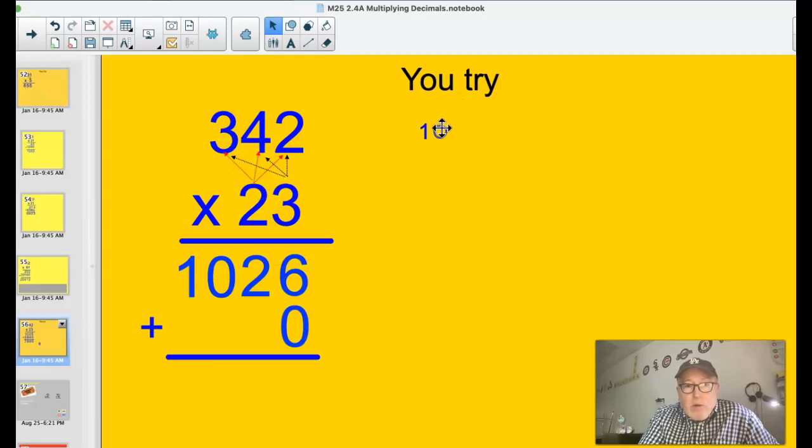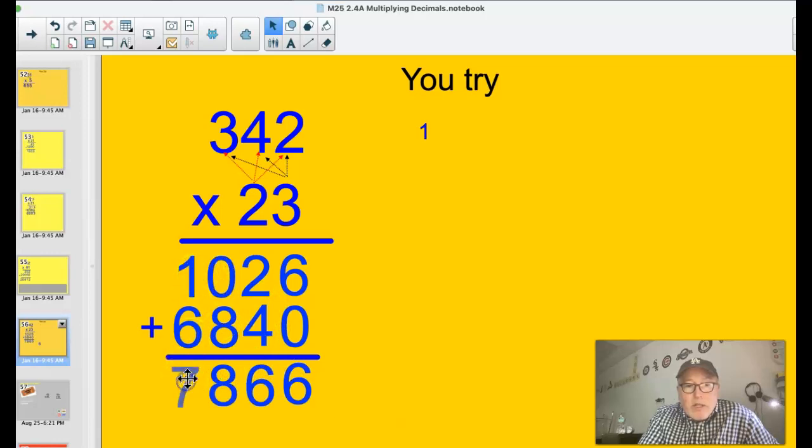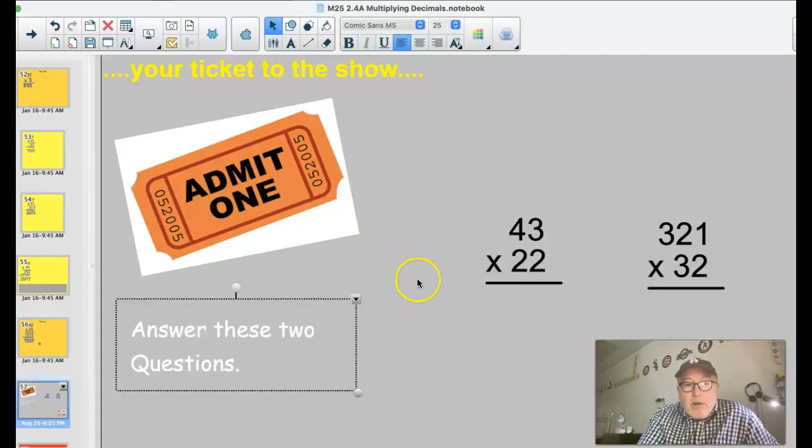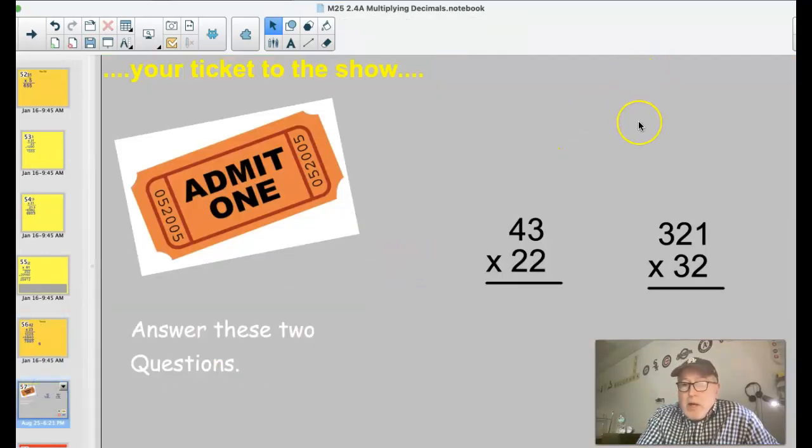I'm just going to move this out of the way. 2 times 2 is 4. 2 times 4 is 8. And 2 times 3 is 6. Add those all up. 6. 2 plus 4 is 6 again. 0 plus 8 is 8. And 1 plus 6 is 7. 7,866.